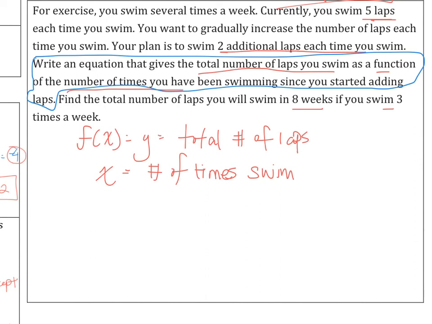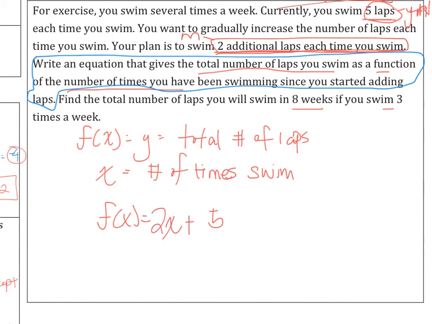And in the word problem, it told you that you already are swimming 5 laps. So that's your y-intercept. It's a fixed number. It won't change. And here it says you want to swim 2 additional laps each time you swim. So this would be your rate of change, or in other words, your slope. 2x.